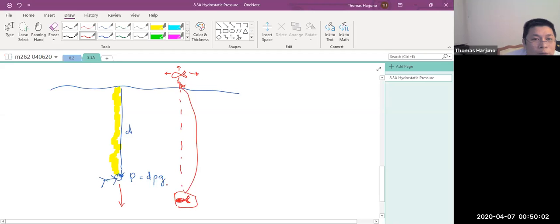So that's why the deep ocean fish cannot survive if you bring it to the pool. Why? The pool, however deep it is, the pressure will not be as much. Let's say your pool is 10 meters deep, while that fish is living like 500 meters under the water. Then the pressure it feels is actually 50 times less, right?